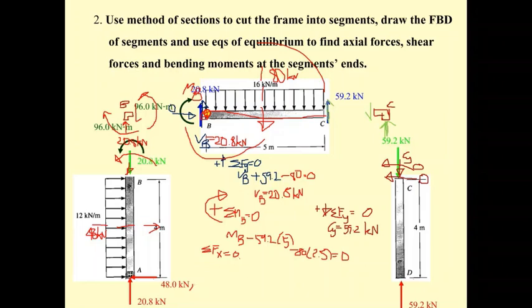Okay, this is going to be correct. If you do the summation of F sub y equal to 0, you may get 20.8 and 20.8.